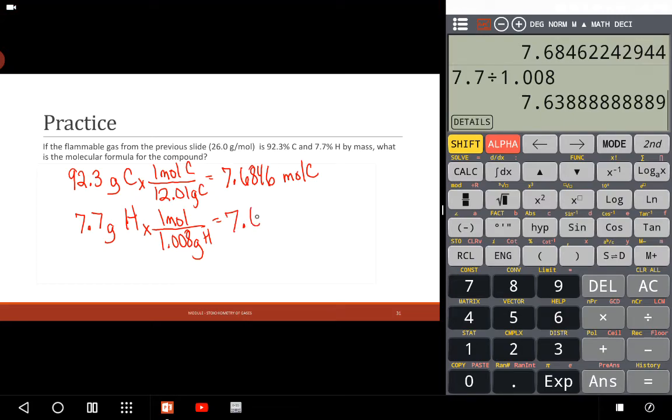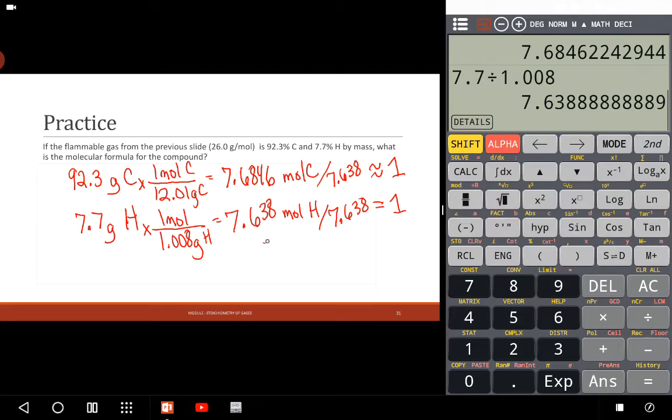And that's 7.638 mole of hydrogen. And so I have to divide both of these by the smallest. That's going to give me about 1 for each of these. Well, one's exactly 1, but the other one's really, really close to 1.